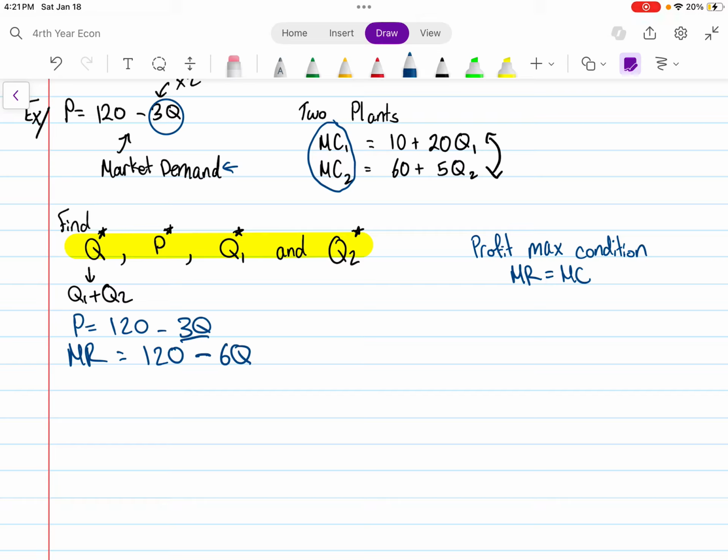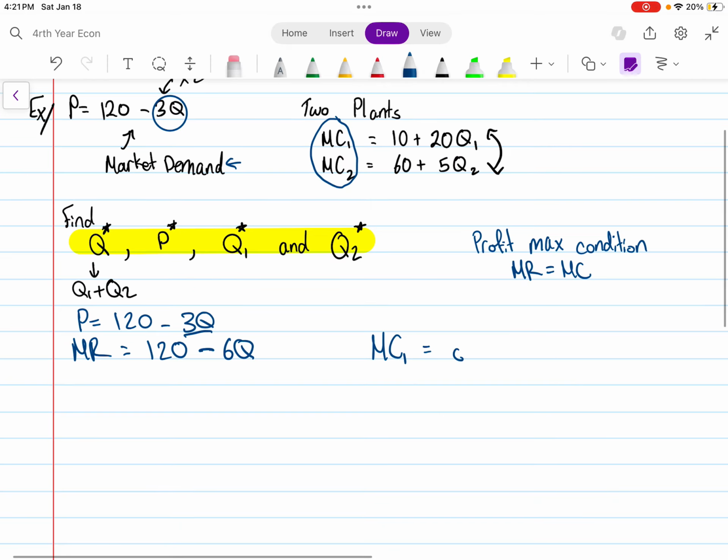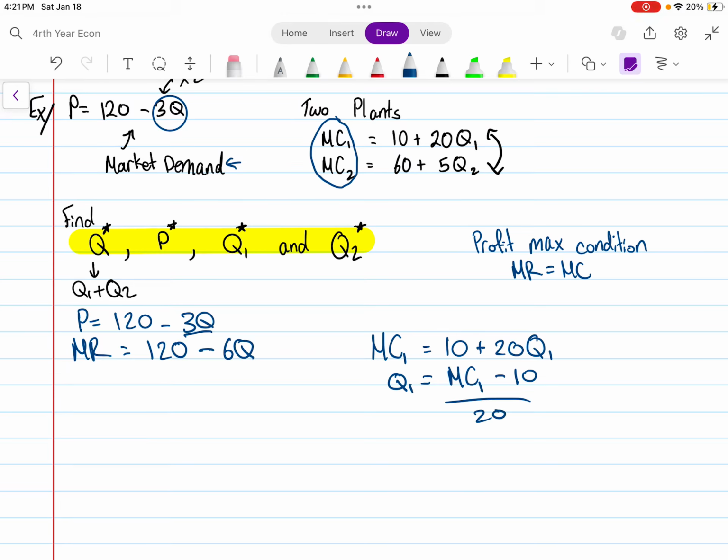Let's take the first function and write that in terms of q1. So we end up getting q1 equals marginal cost 1 minus 10 over 20.